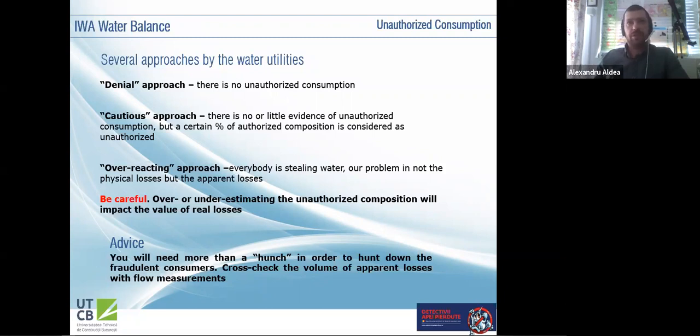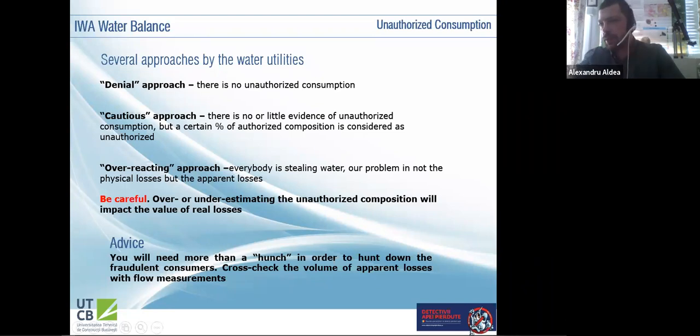Even if you don't have a flow meter installed, and unfortunately that's often the case, even if you don't have SCADA, at least make every effort to have a 24-hour continuous measurement, and you will be surprised by the results. And then you can see actually how much real losses you have in your network and how much apparent losses, and act accordingly.